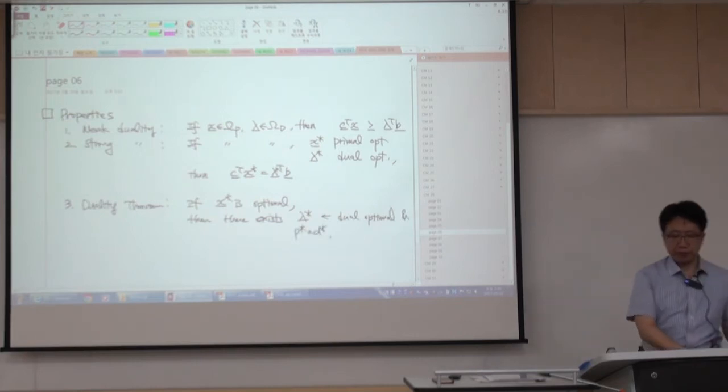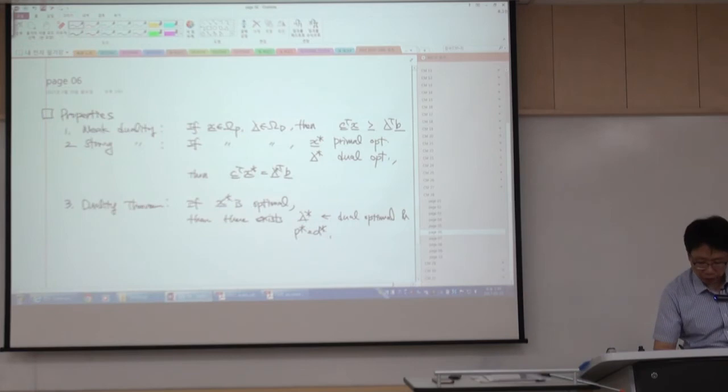Okay. And the proof is simple. You just find lambda star. Okay, next one.